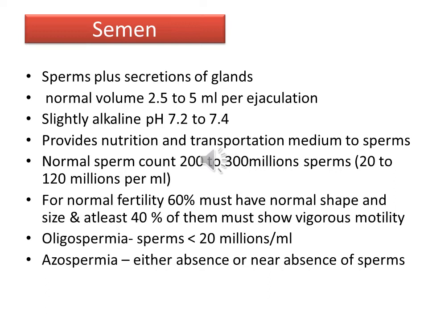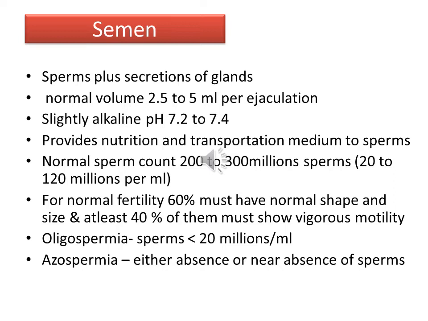Sperm transfer through this medium only. The normal sperm count is about 200 to 300 million sperms, or about 20 million per ml. Now from this, for normal fertility, 60% must have normal shape and size, and at least 40% must show vigorous motility.